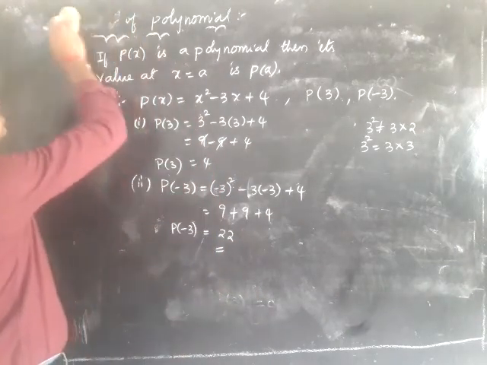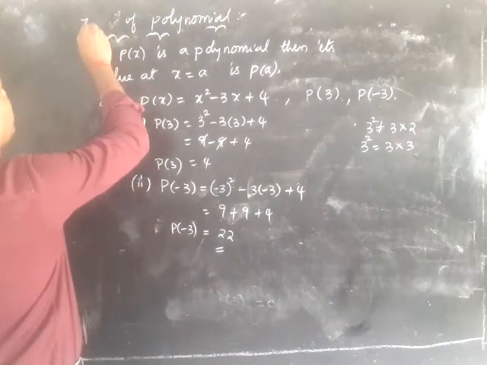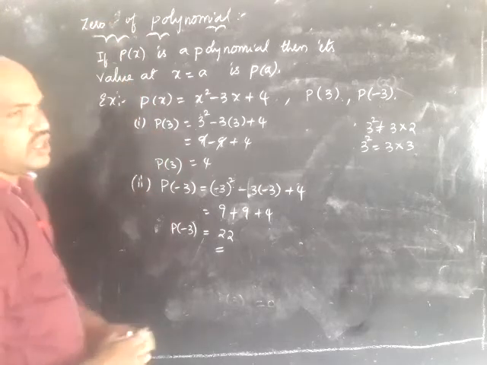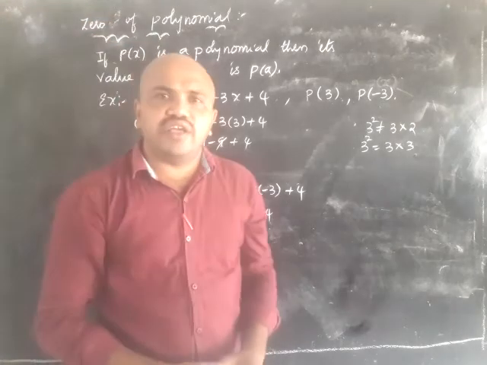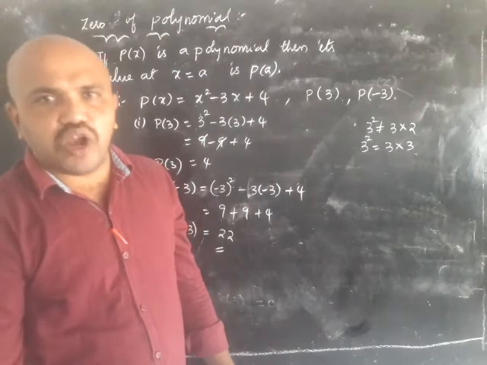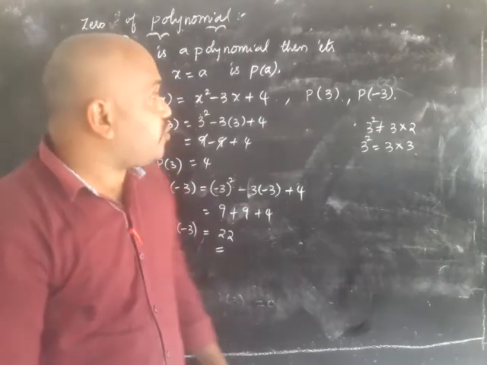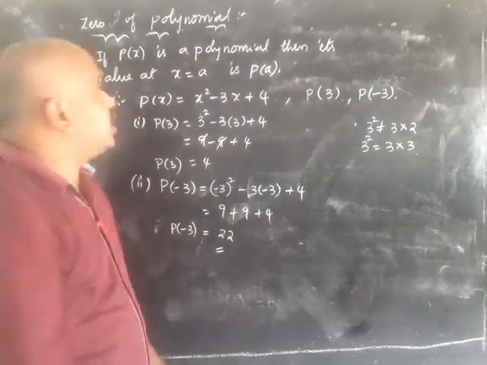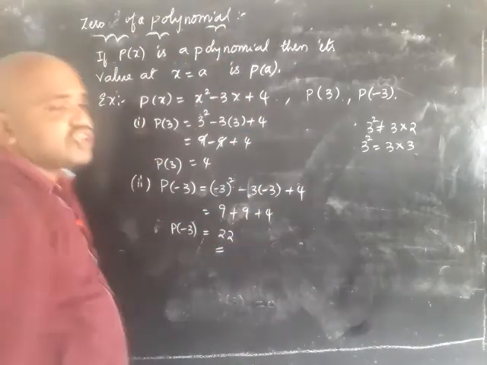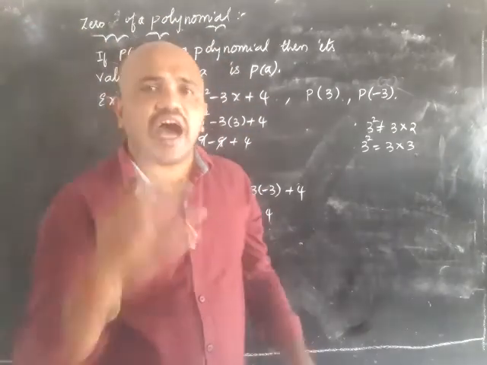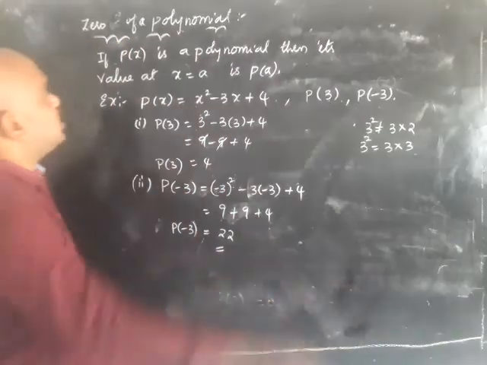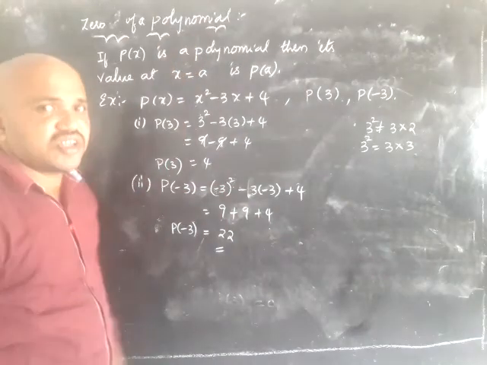Now we are going to discuss the zero of a polynomial. Already we know the type of polynomial, that is zero polynomial. Zero polynomial and zero of a polynomial are not the same, they are different. Zero of a polynomial is nothing but a solution.